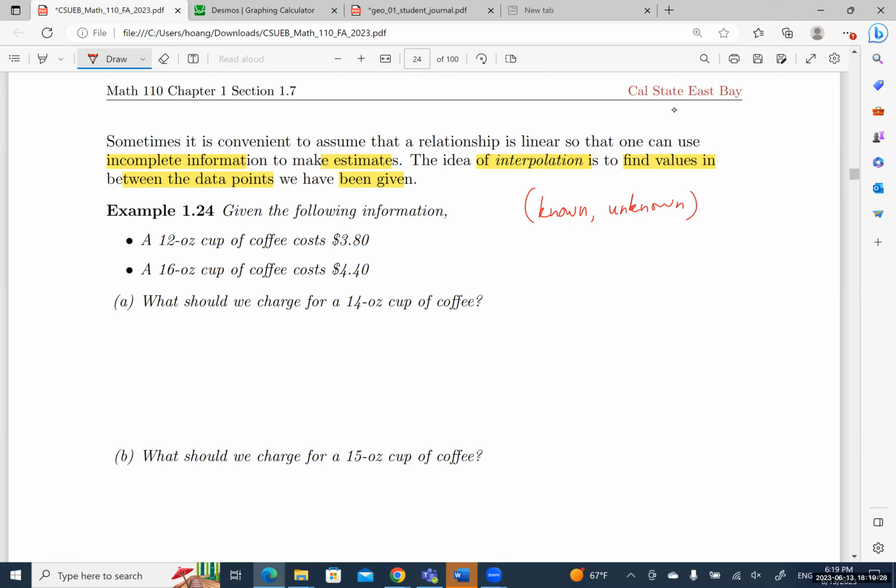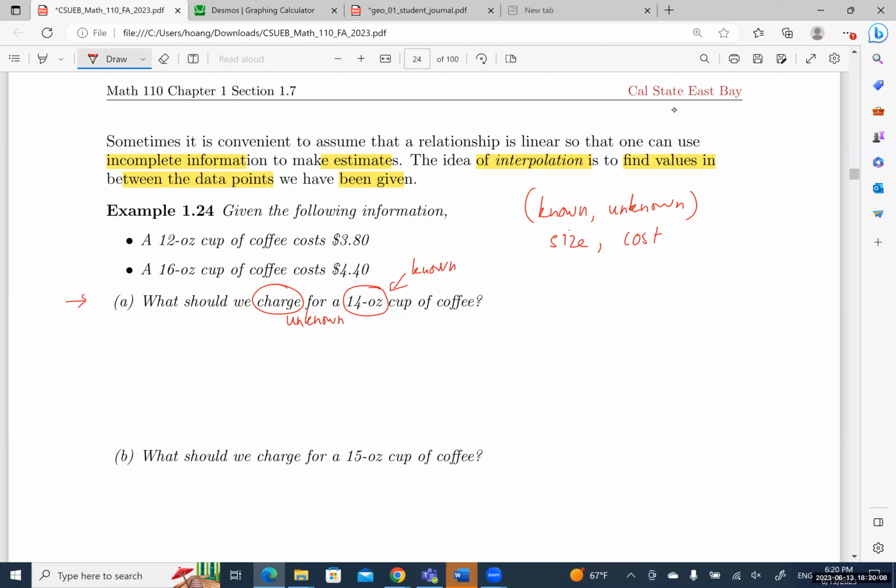The question in this example is what should we charge for a 14-ounce cup, which means the known thing is the size, and we want to find the unknown. Unknown, what is the charge? So size is the known thing, and the charge here is, let's say, the cost.